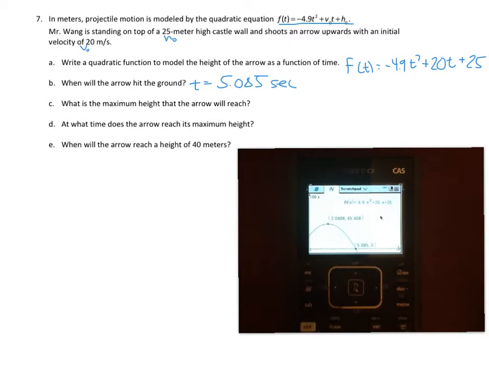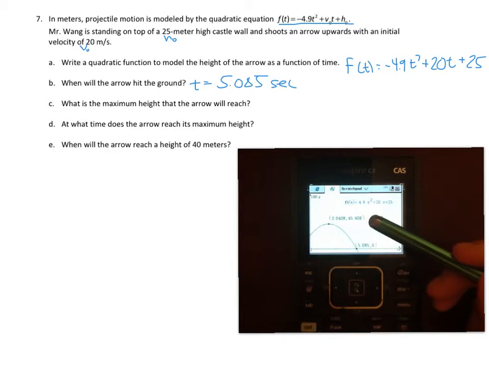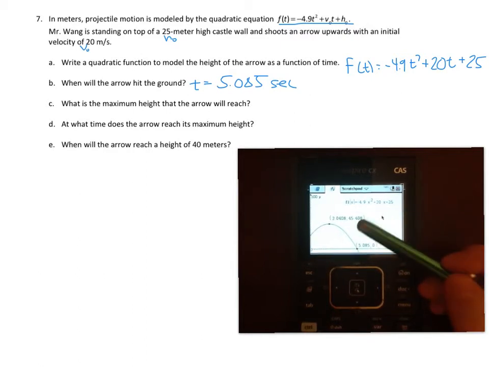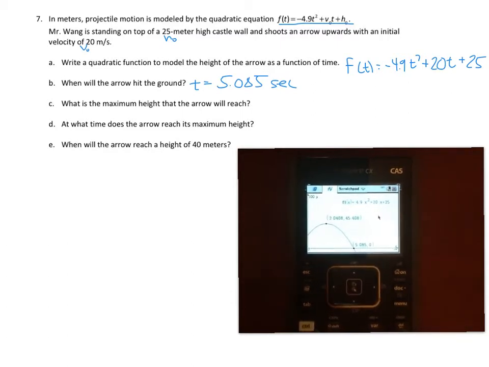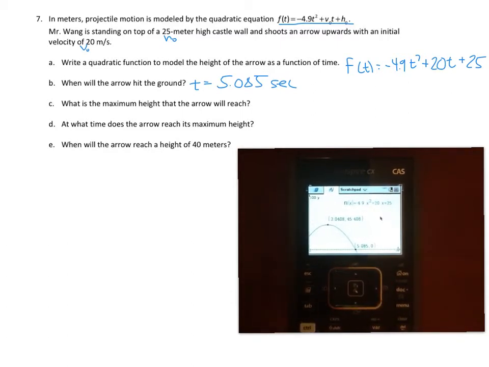And remember that your independent variable, which is your x value, represents time, and your dependent variable, your y value, represents the height of the arrow. So the function is a function for height. So the maximum height that the arrow will reach is going to be the y value, 45.4 meters approximately.